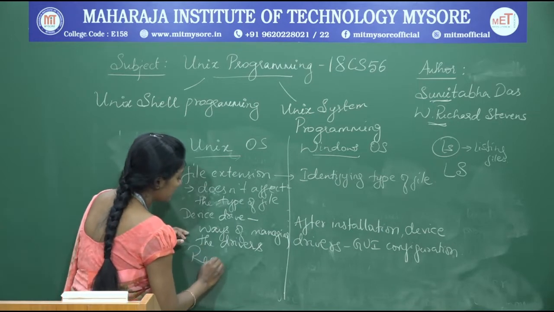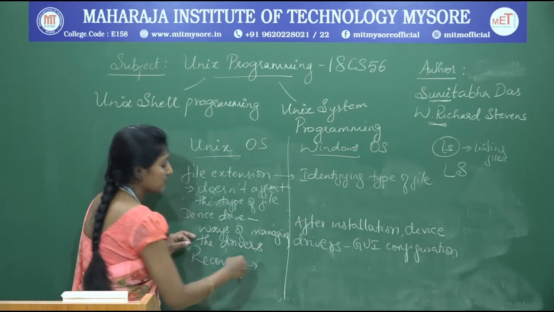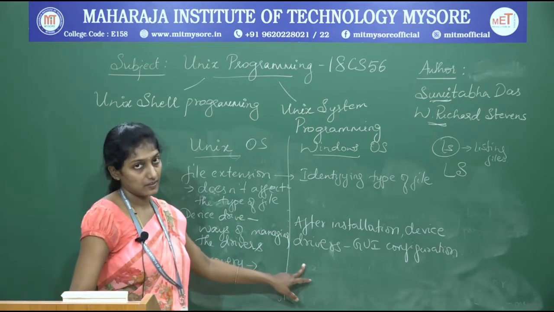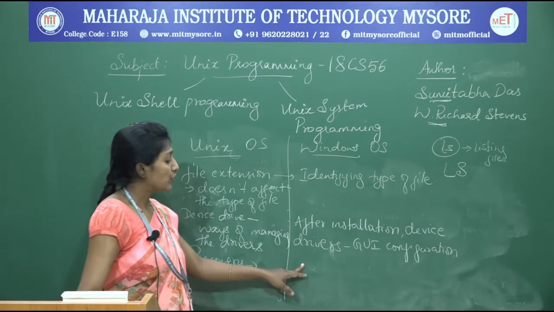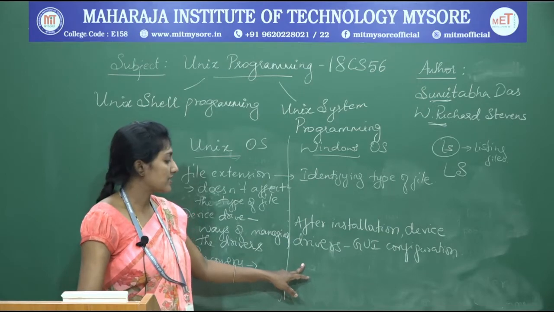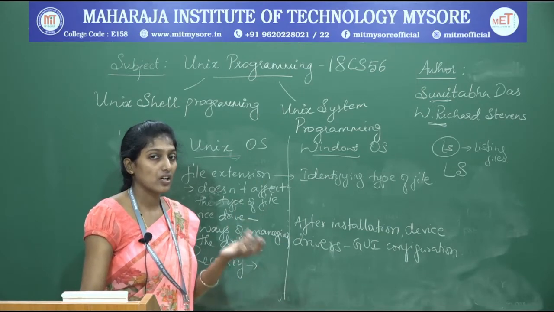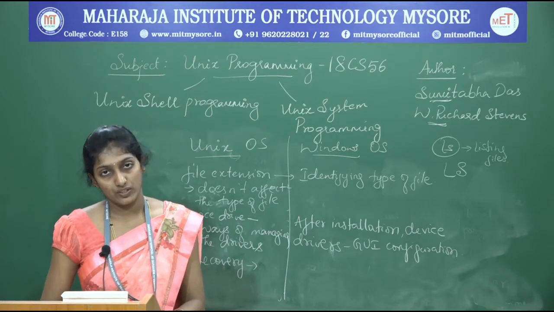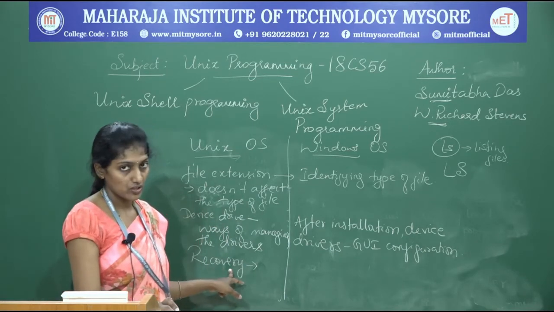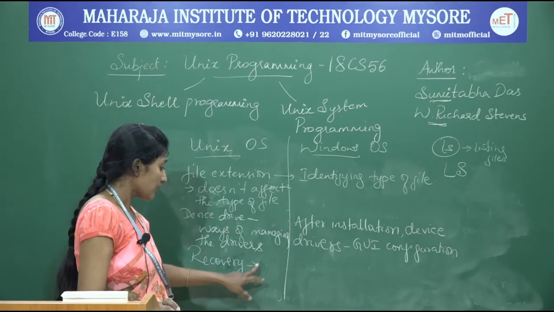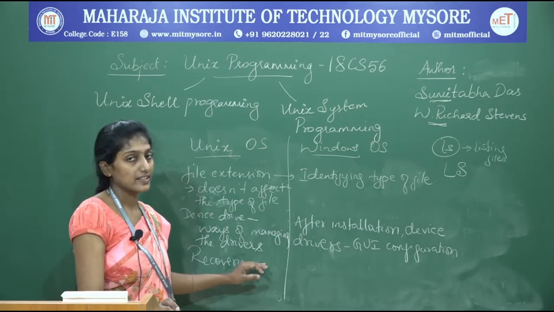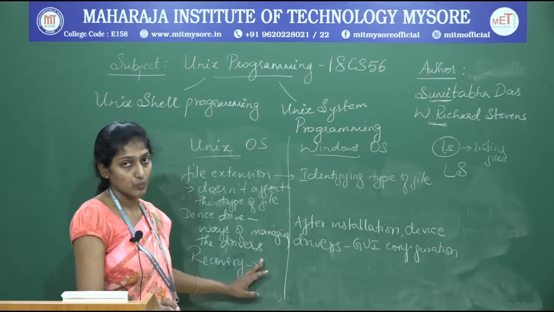Then recovery. In the Unix operating system you can't recover the file, whereas in Windows you can recover it, since whenever you delete or remove a file, it goes into the recycle bin folder. Here we do not have that option for recovering the data you have removed.